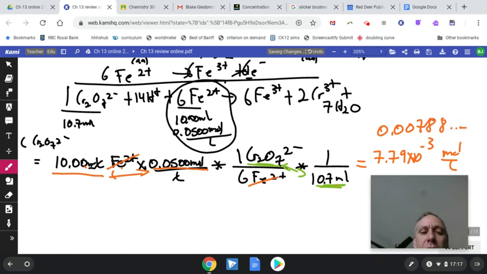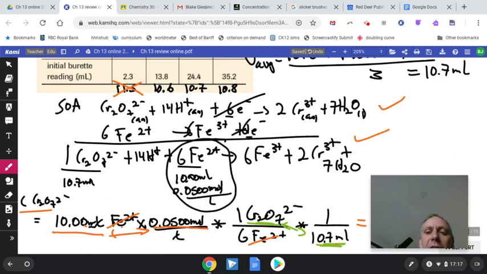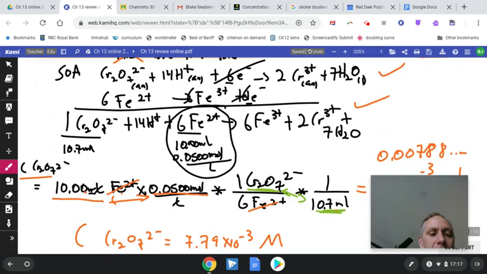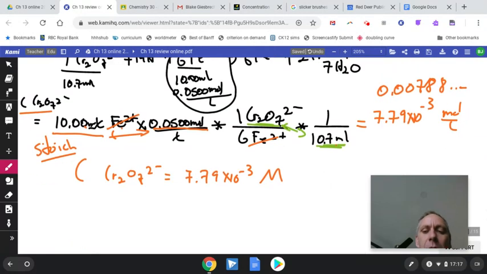So that is the concentration of dichromate. Capital M, same as moles per liter. So you need to be able to do the half reactions. You have to calculate the average volume, and then you have to be able to do the solution stoich to get the concentration. Okay, how are we doing?